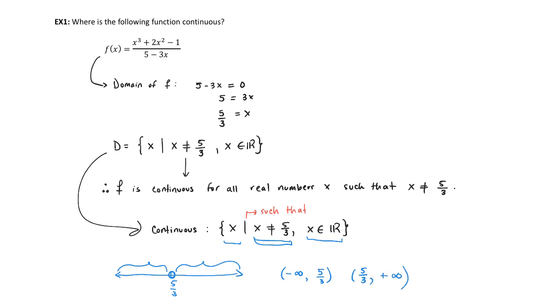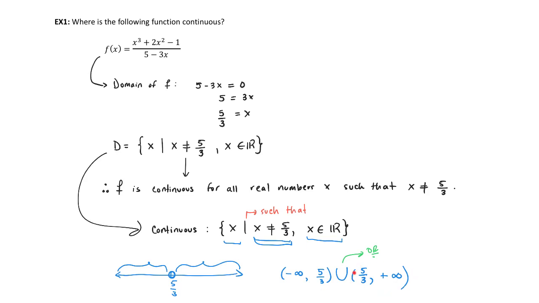And then in the middle, to join the two, we use the union symbol. This union symbol means "or." It's kind of binding those two together. So this is saying x can be here or x can be here, but x cannot be 5/3.